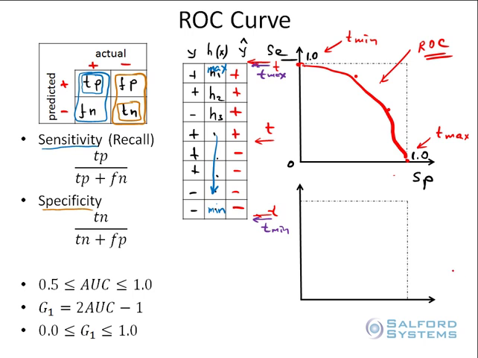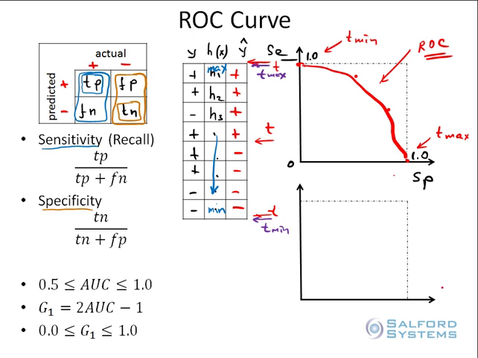Okay, so now just a few other comments here. What usually happens is that as we vary the threshold from T max to T min, we're moving from this side of the curve onto this side of the curve.